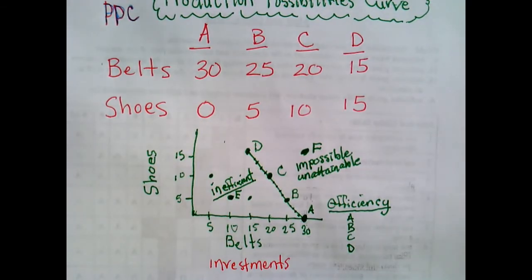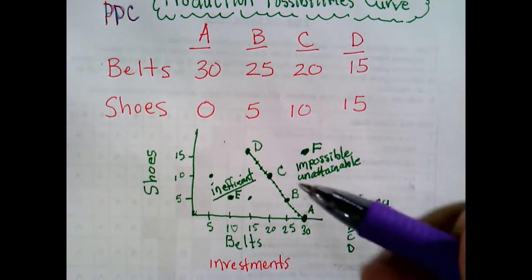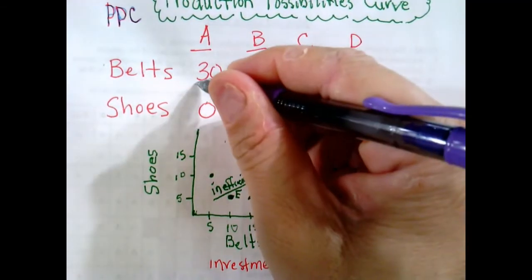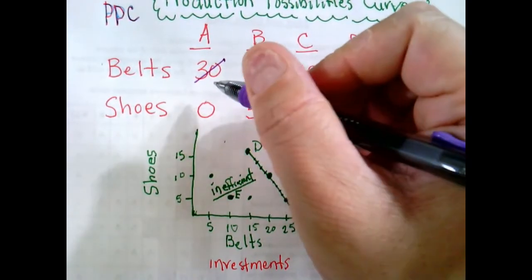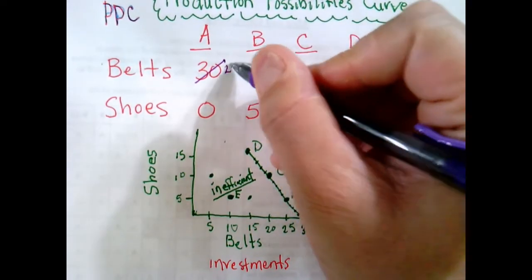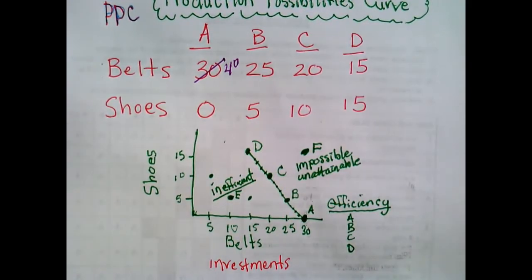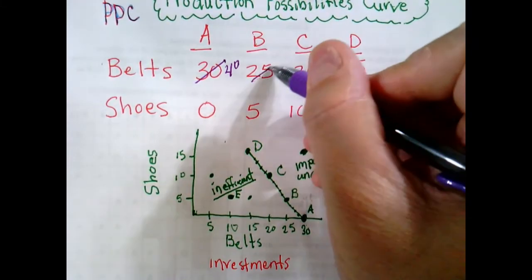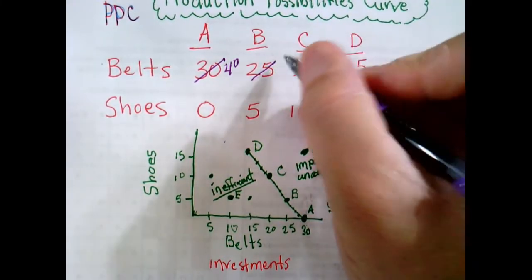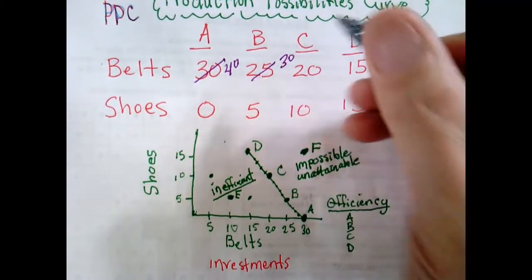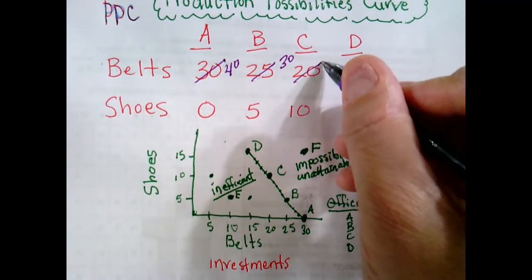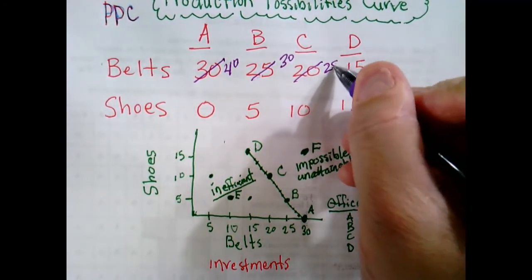Let's say that instead of producing 30 belts, they can now produce 40. Instead of 25, they can now produce 30. Instead of 20 at point C, they now can produce 25.